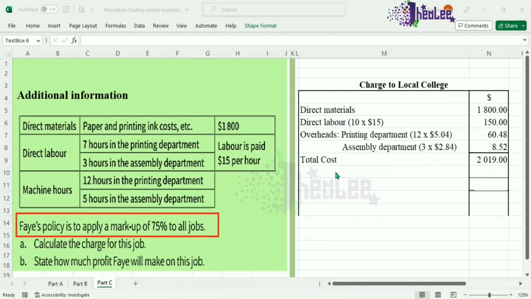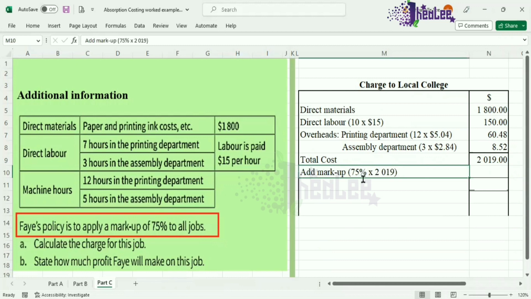So in doing that, it is add markup of 75% of the total cost price, which is $2,019. So that's 75% multiplied by 2,019, and that gives us a value of $1,514.25.